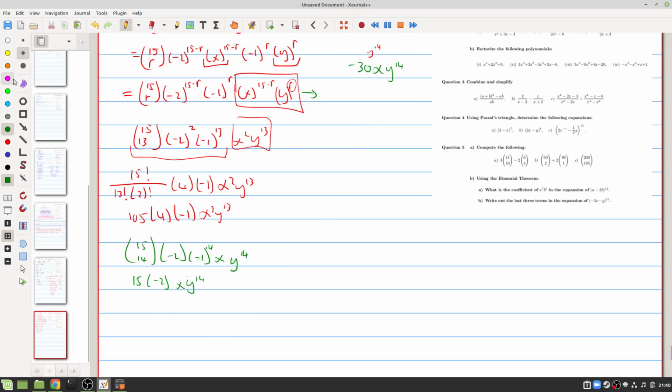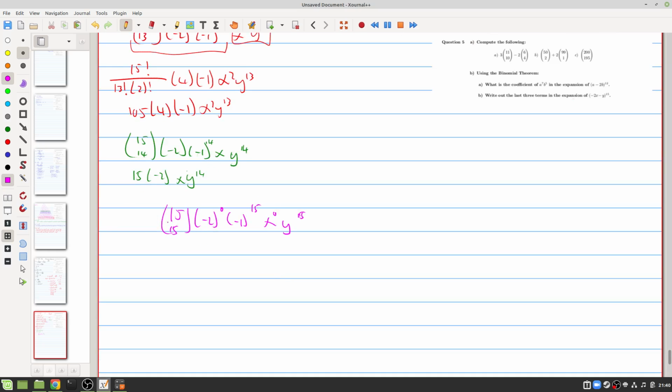And then lastly, for term number 15, we just make r equals 15. So then we do 15 choose 15, negative 2 to the power 15 minus 15, so that's to the power 0, and then negative 1 to the power 15. Then x to the power 0, and then y to the power 15.